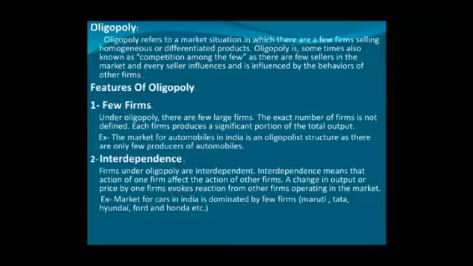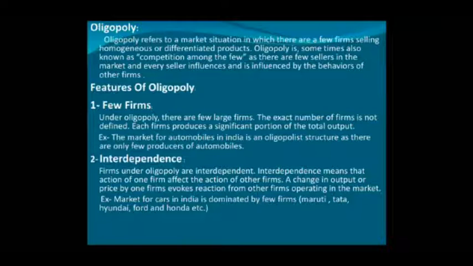Oligopoly is sometimes also known as competition among the few, as there are few sellers in the market and every seller influences and is influenced by the behavior of other firms. In India, markets for automobile, cement, steel, aluminium, etc. are examples of oligopolistic market. In all these markets, there are few firms for each particular product.